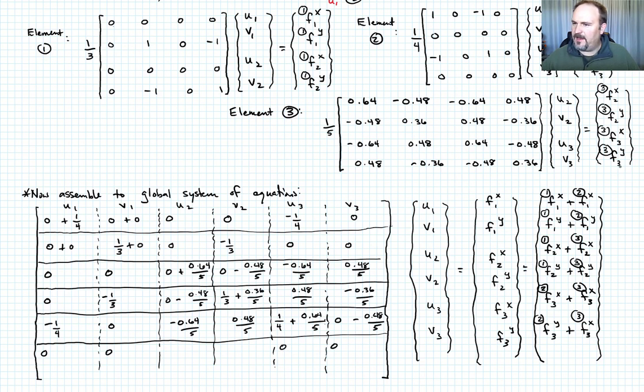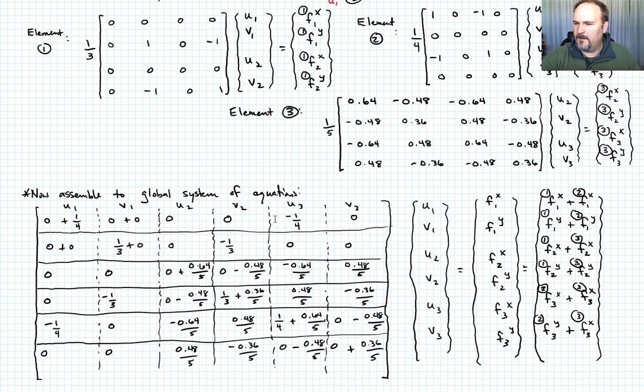And then I go to F3y in element 3. It's also the bottom row, and this is now in U2, V2. So this term becomes 0.48 divided by 5. The next is negative 0.36 divided by 5, minus 0.48 divided by 5. And then finally plus 0.36 divided by 5.